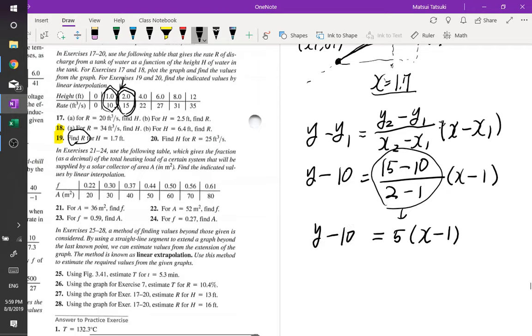Let's simplify this a little more by distributing this 5 and removing the parentheses: 5x minus 5. And the negative 10 on the left can be moved to the right side, but when it does that, the sign flips from negative 10 to positive 10.